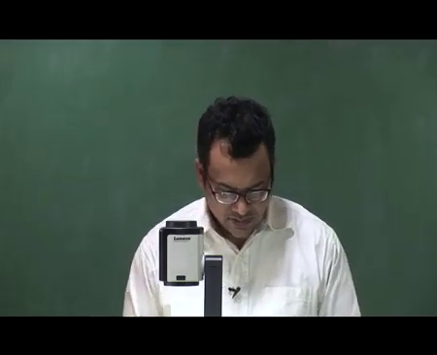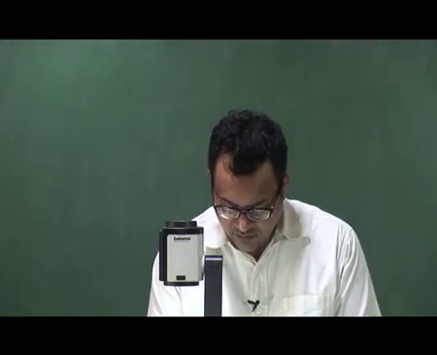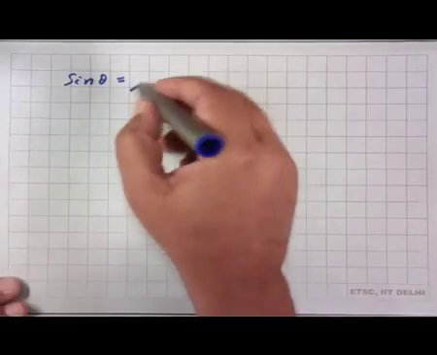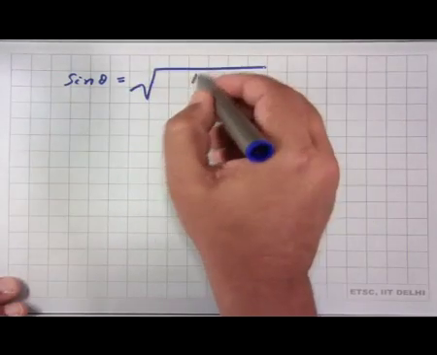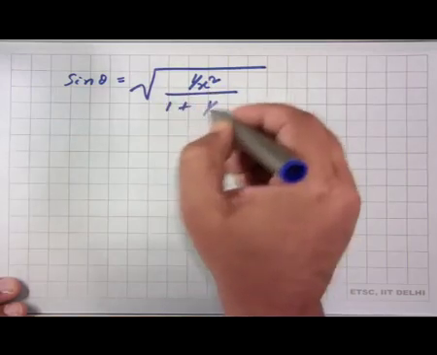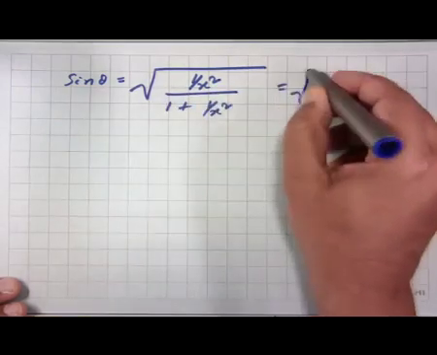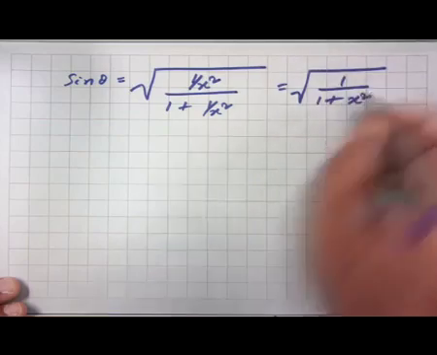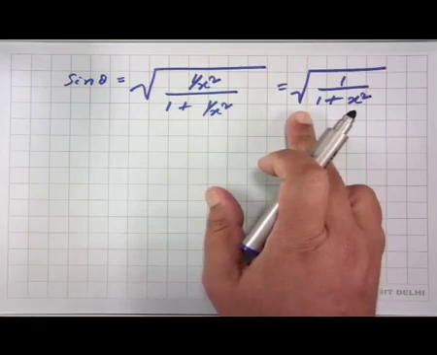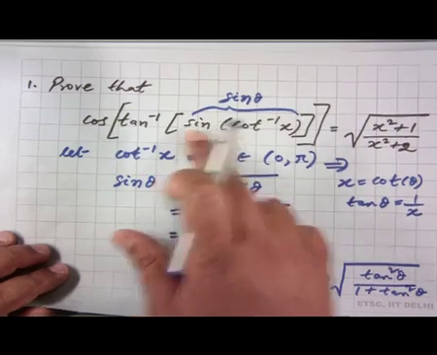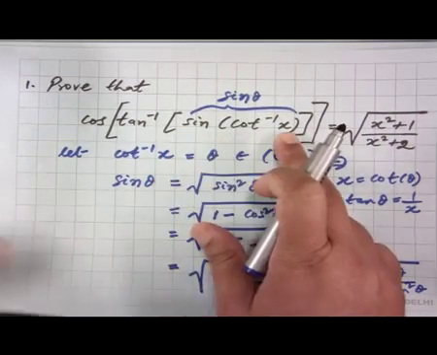Then what we get is that sine theta becomes equal to the positive square root of 1 over x square over 1 plus 1 over x square, which is equal to square root of 1 over 1 plus x square, and this is the positive square root, and that value we essentially put back in this equation over here.